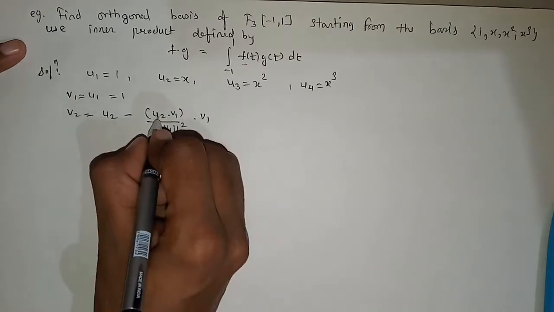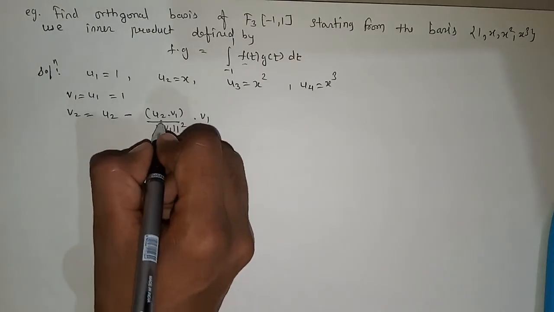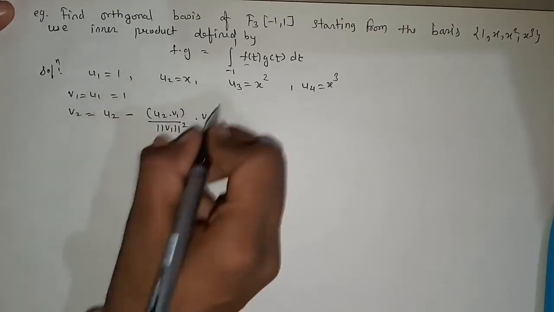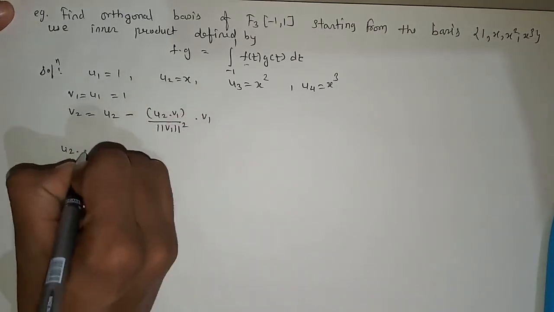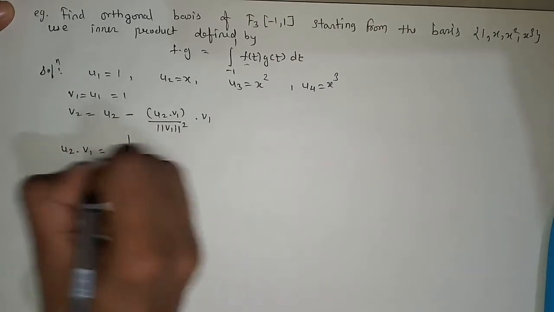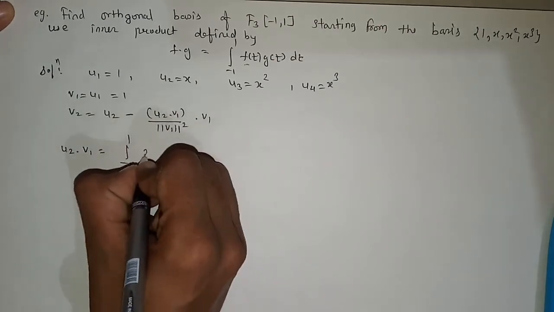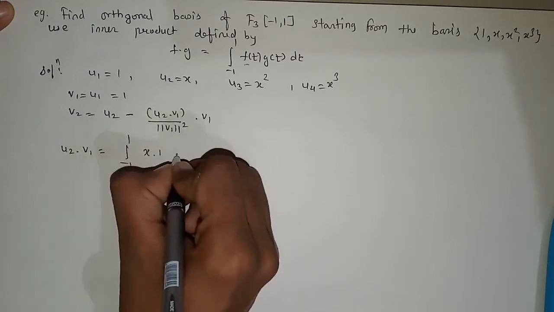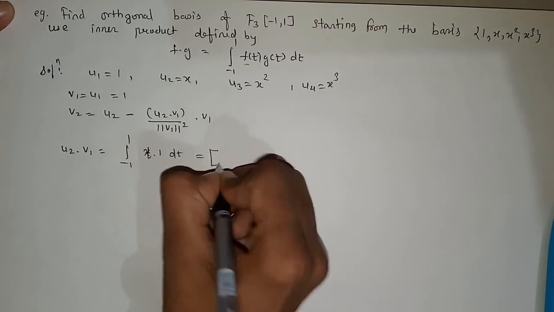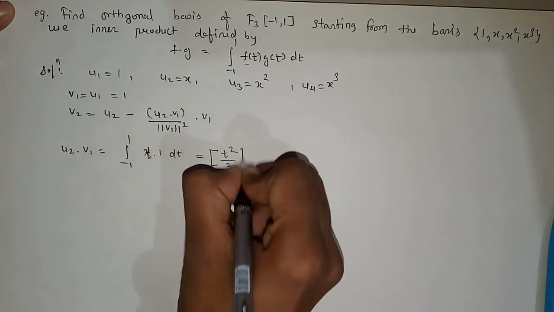Now here we have to find the inner product of u2 and v1, so we can't put the values of 1 and x directly over here. Instead, we will use u2 dot v1 as the integral from -1 to 1 of f(t) g(t) dt, so u2 is x, into v1 is 1. So instead of x we are writing t, so dt. So integration of t is t square upon 2 from -1 to 1.